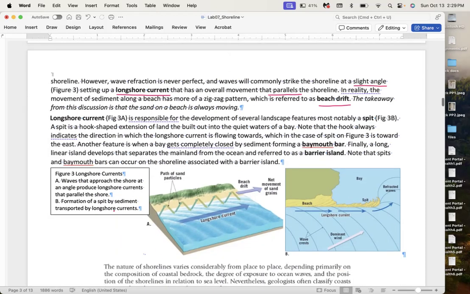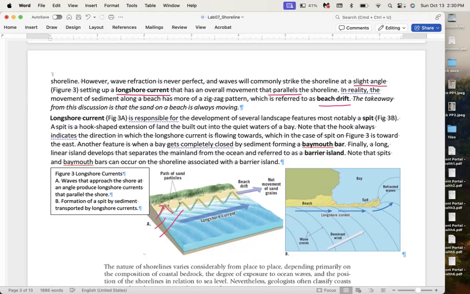So if you look at figure 3A, the waves are coming in at an angle of about like this. And so they push the sand up onto the beach here. But once the sand is pushed up and the water starts to withdraw, it goes back what is called normal or 90 degrees to the run of the shoreline because gravity is what's pulling it back and it pulls it back in this direction.